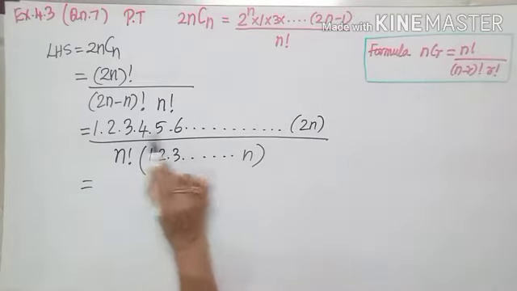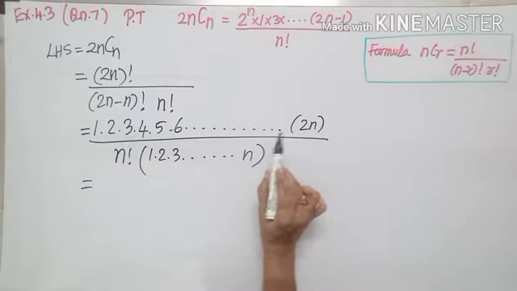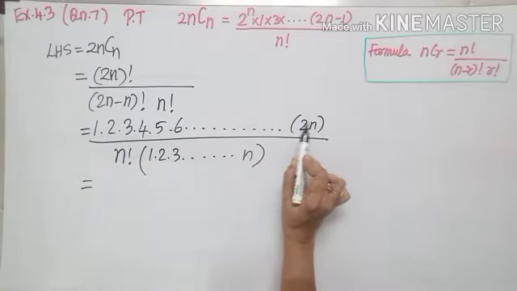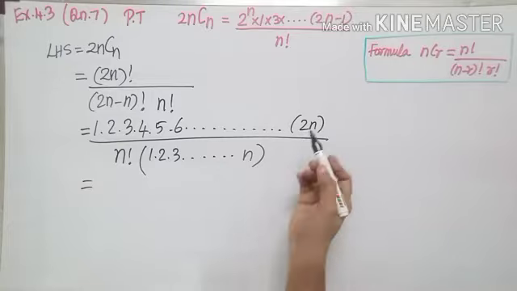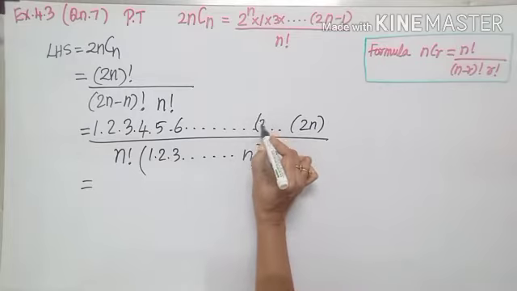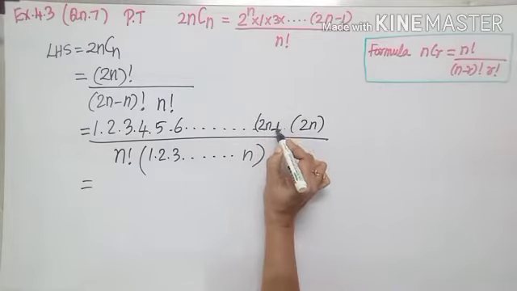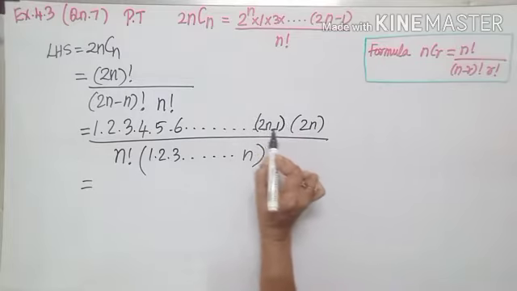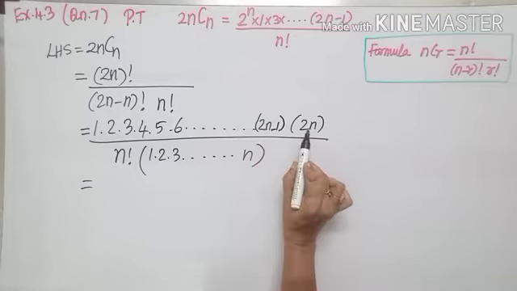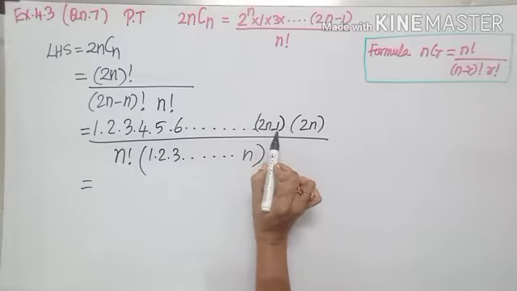So to split odd and even in the numerator, we must know what 2n is. 2 into any number is definitely an even number. So what is the previous number? 2n minus 1, and obviously this is odd. 2n is even, 2n minus 1 is odd.